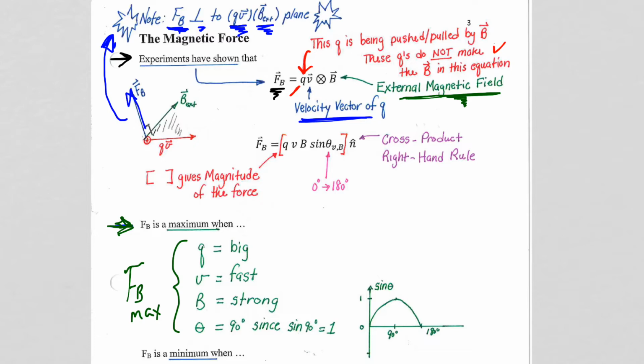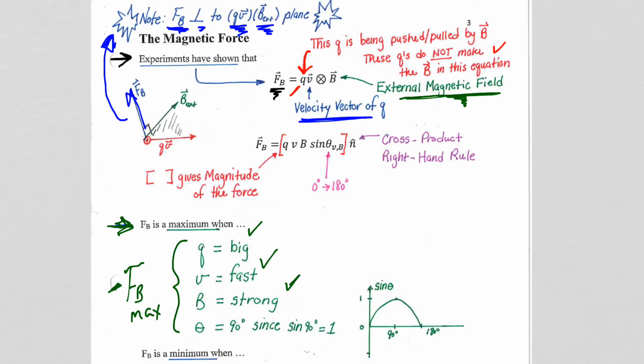So if the particle that we inject into the magnetic field is heavily charged, so a lot of charge, then you'll get a large force. If it's moving very fast, you also will get a large magnetic force. If the external field itself is a strong external field, you get a large force.